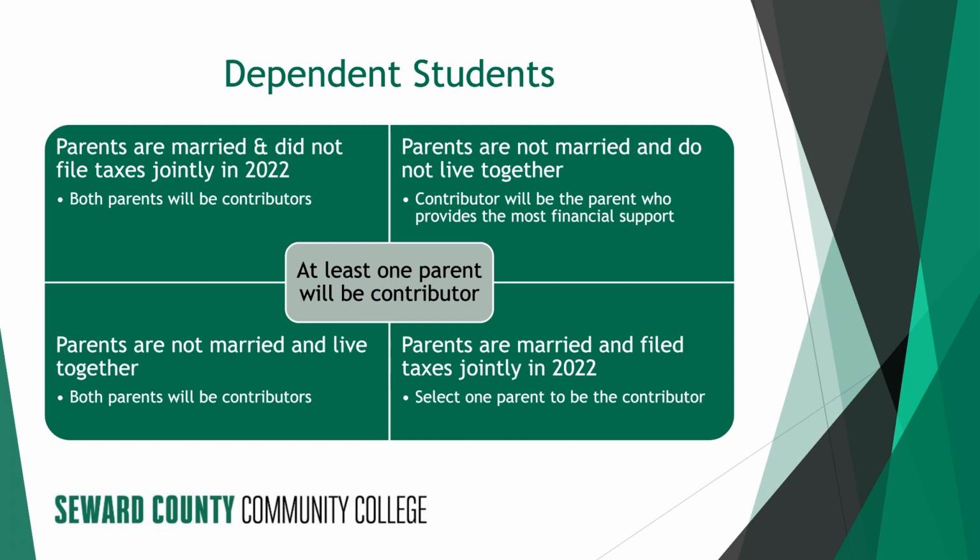If your biological or adoptive parents are married and filed taxes jointly in 2022, select one parent to be the contributor. However, the parent completing the contributor portion of the FAFSA will be asked for the name, Social Security number, and date of birth for the other parent.